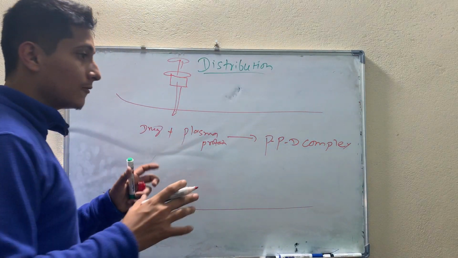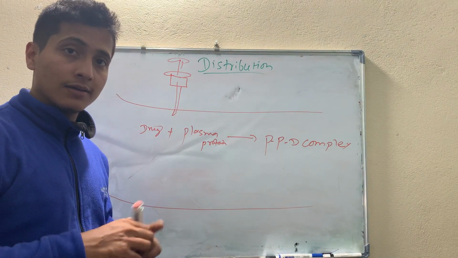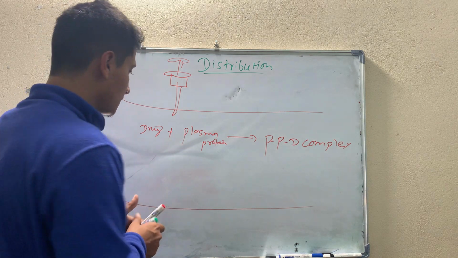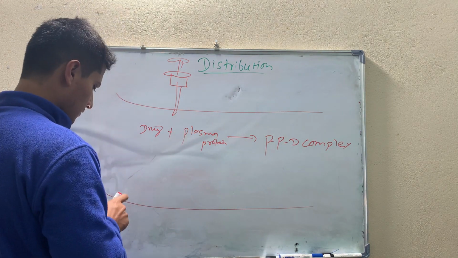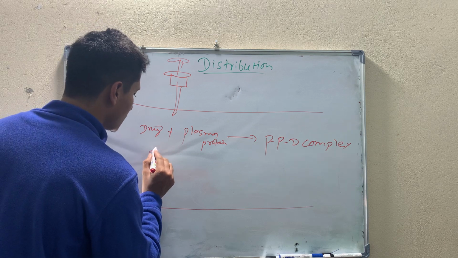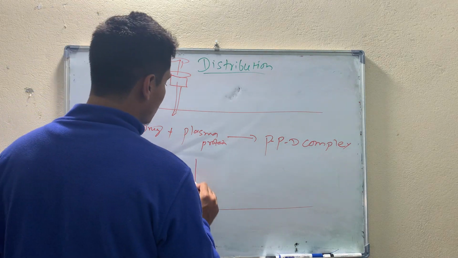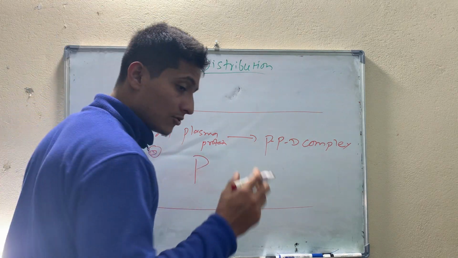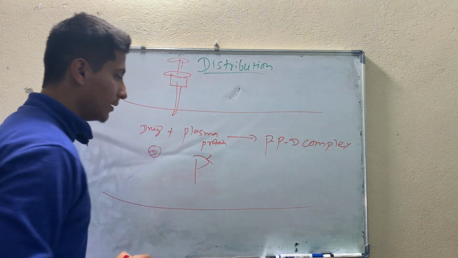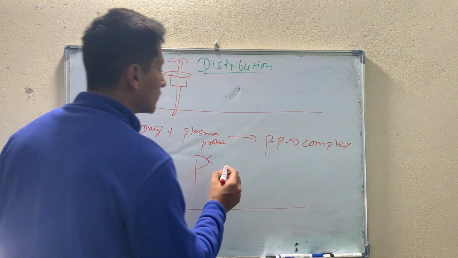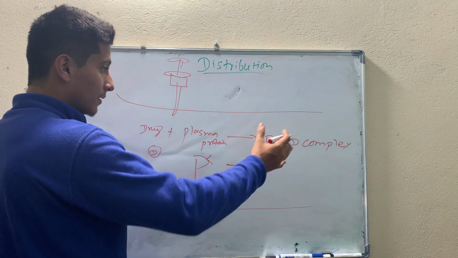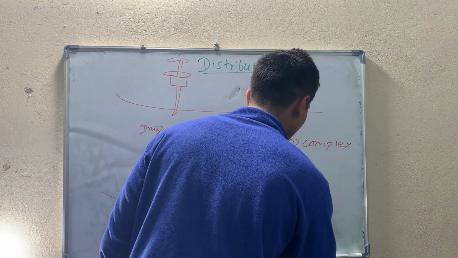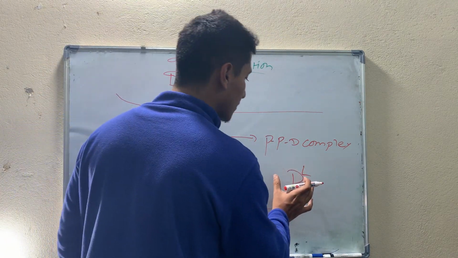Let's show you in a figure. So if this is your drug, and this is your plasma protein, suppose the plasma protein has a binding site, right? This is the binding site of the plasma protein.